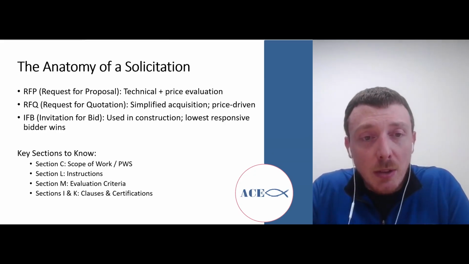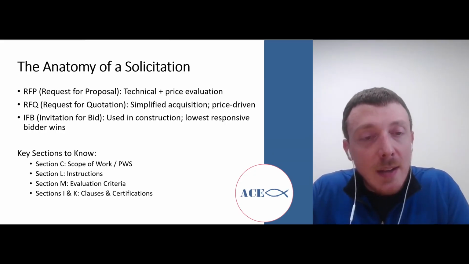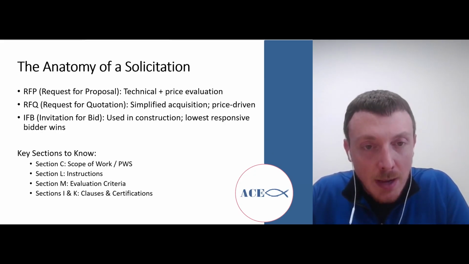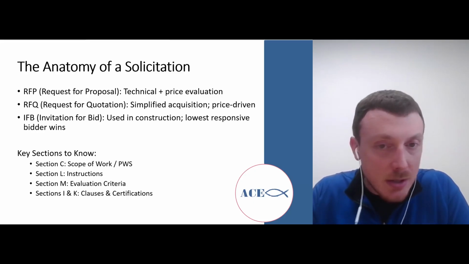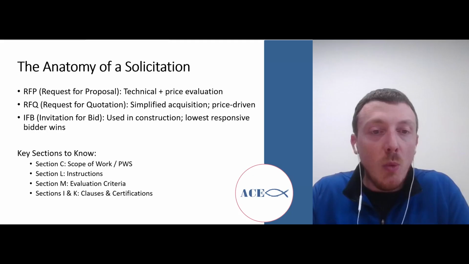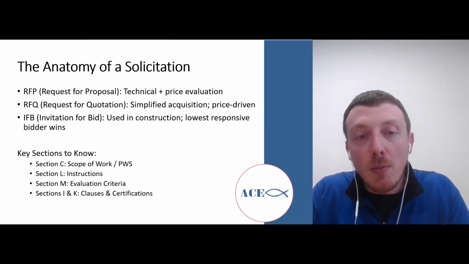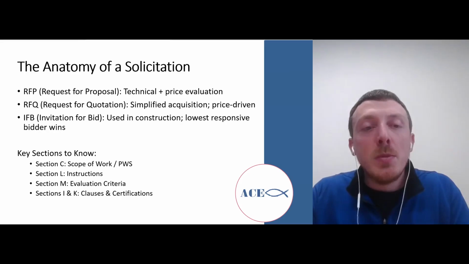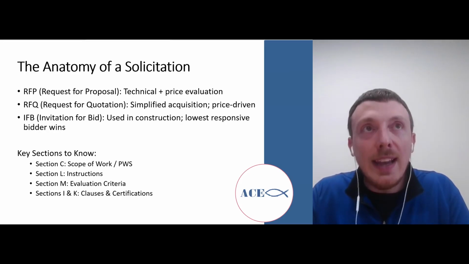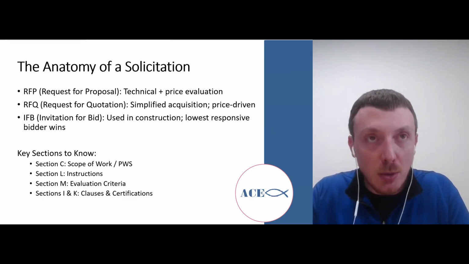Anytime you're trying to use this as a roadmap, you want to understand what the scope of work is. Sometimes it's called a performance of work statement. You'll probably hear me talk more about these as we go on. But in order to provide a compliant, responsive proposal, you first have to understand the scope of work.